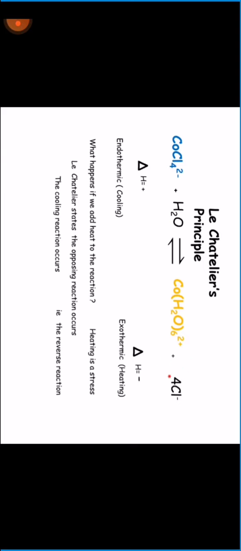So that means that our products will start to break down to reform our reactants. So that would mean that we would have a colour change from yellow to blue because our reactant side is now being favoured. The reverse reaction is being favoured where the products break down into the reactants.